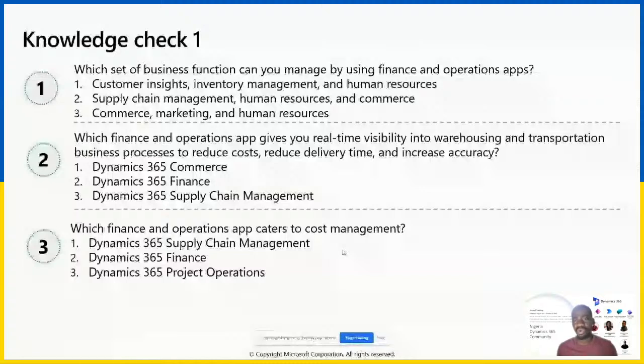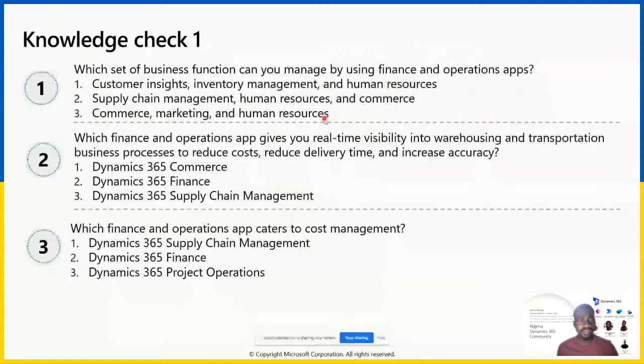So if you recall at the beginning of the session, we spoke about different sub modules in finance and operation apps. And we say it's a single system, but it has a way of managing your processes based on the business operation. So number two says I can manage supply chain management, human resources, and commerce. Number three, I can manage commerce, marketing, and human resources.